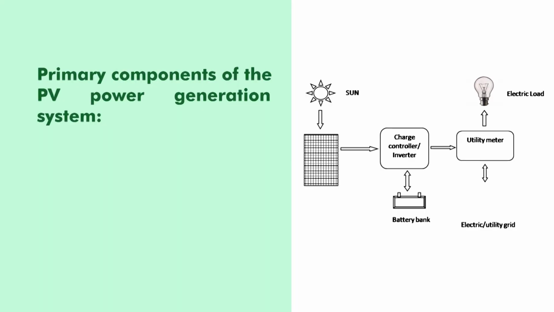Although the PV array generates power when exposed to sunlight, a number of other components are required to convert, control, distribute and store the energy generated by the PV array. The following are the primary components of the PV generation system. Here you can see in the diagram, you need a PV module, then you need a battery bank, you need a converter, like different units are required.